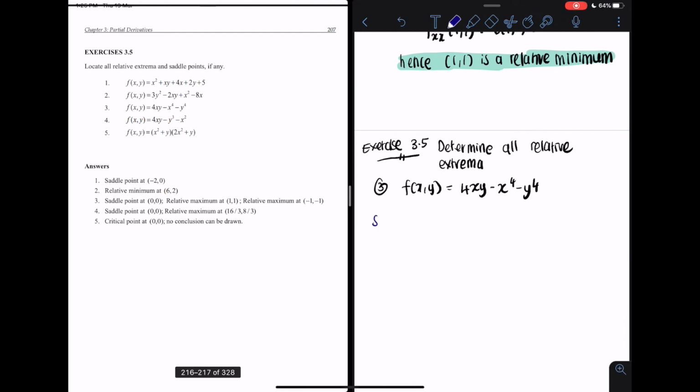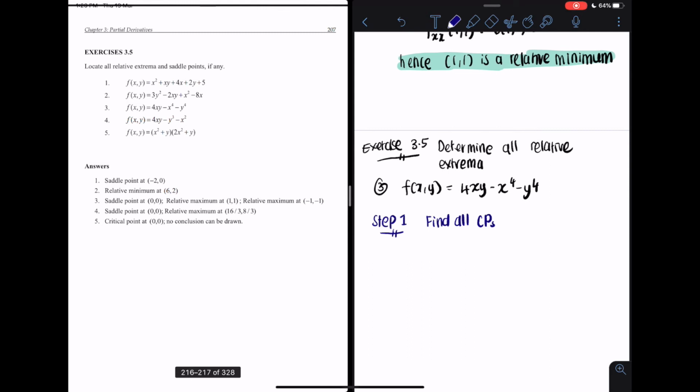If you still remember, you have to go to step number 1, which is find all critical points. In this case, what should I do? I have to determine the first order partial derivatives first, and then we will equate both of them to 0 to determine the x and y coordinates that represent the critical points.